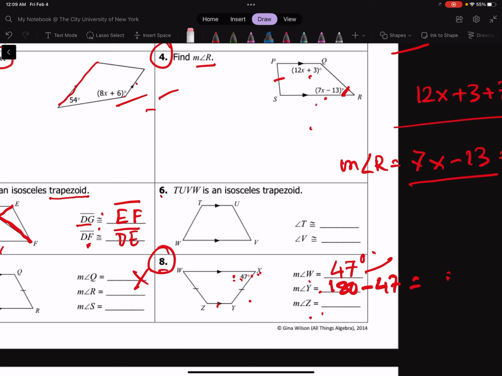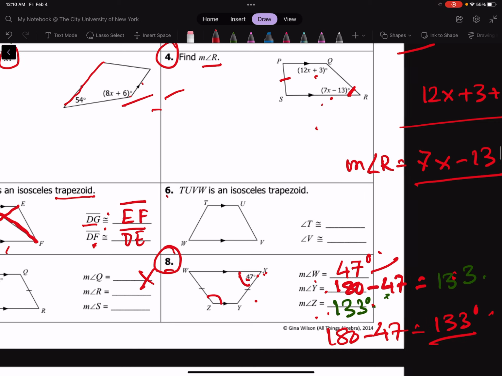So you can straight away say if this one is what you calculated, 133. Or if you can't see it, you can say opposite angles are supplementary, 180 minus 47, which is 133. Either way you can get there.